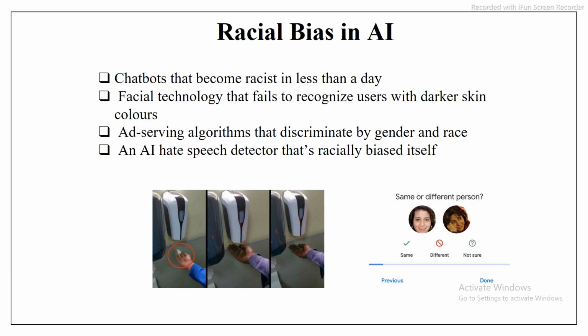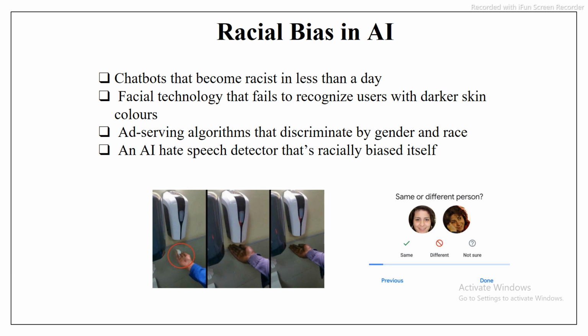Facial technology that fails to recognize users with darker skin color. Earlier, when facial recognition systems were trained, whenever there was a darker complexion, they used to invalidate the person. So this was one of the racial biases.